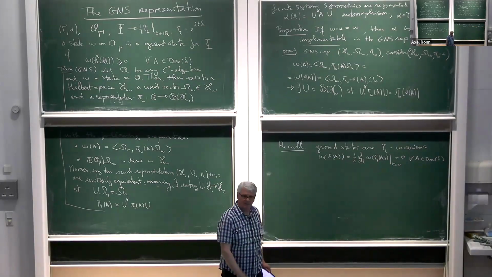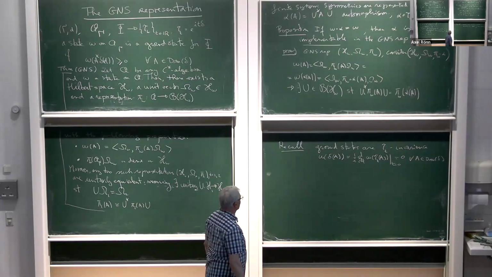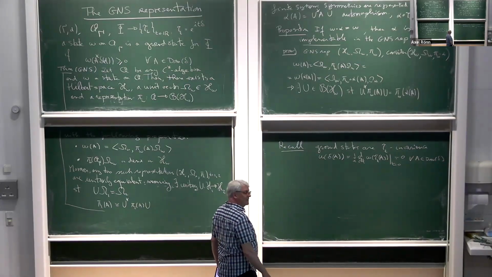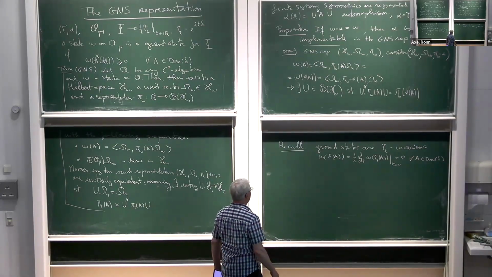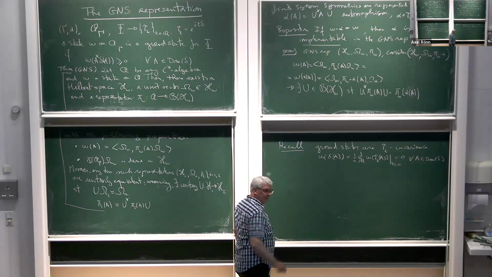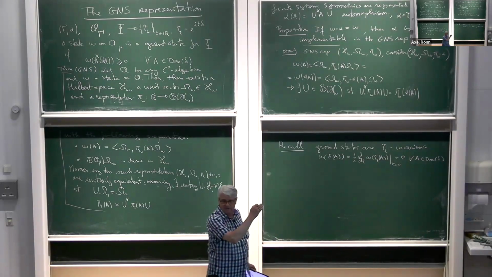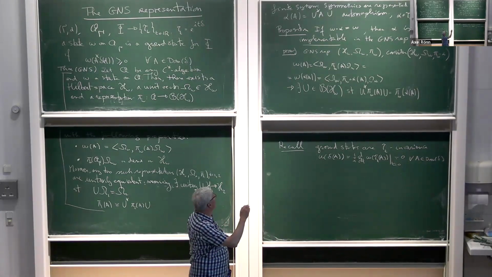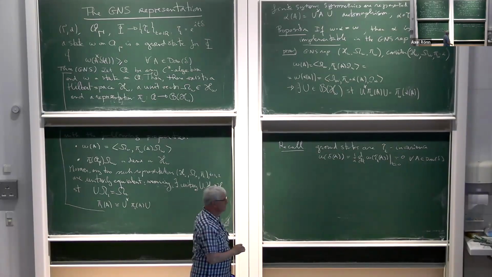That means that omega is invariant, which is the case for ground states. So that means that for every t, tau t is a symmetry of the state. And we can apply that proposition.